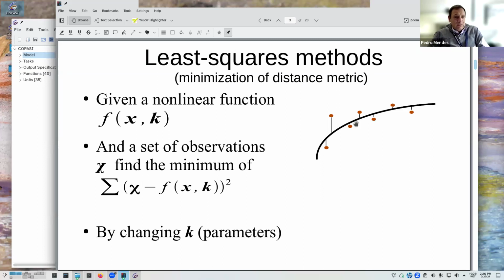So essentially what we have is a set of data, which are these red dots here, and our model, which is a continuous line. We can measure the distance between the model and the data by measuring these vertical displacements between the model line and the data. Each of these segments is called a residual, that is the model minus the data, which can be positive or negative.